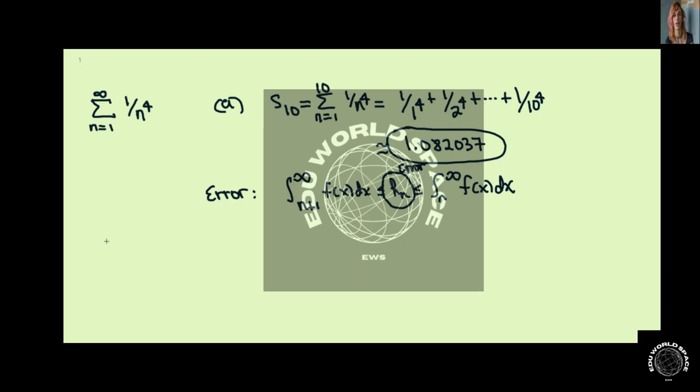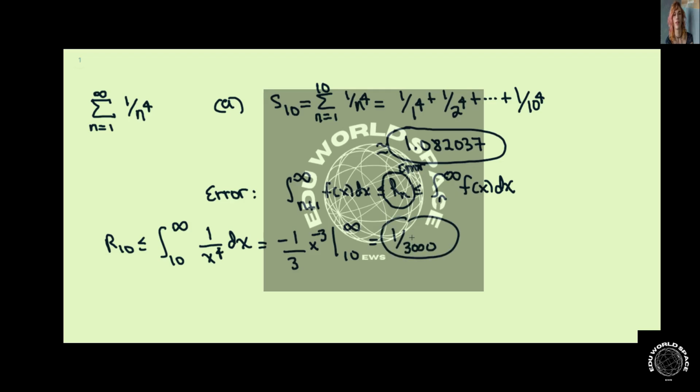So in our case, using n equals 10, we'll have negative 1 over 3, using the power rule. So just 1 over 3,000, that's the only error that we'll have, or upper bound for the error.